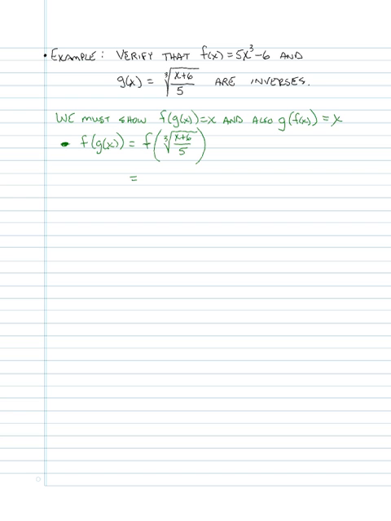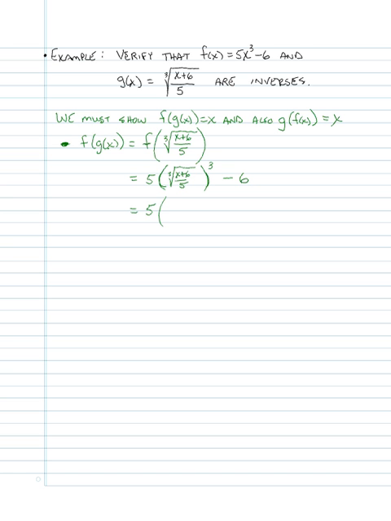Now, what does f do to an input? It takes a 5 and multiplies the input cubed, and then it subtracts 6. And so the input in this case itself is the cube root of x plus 6 divided by 5. Well, when we cube, see, that's the input that we're cubing. And when we cube a cube root, of course, we get the result, which is just the radicand. That's what's under the radical.